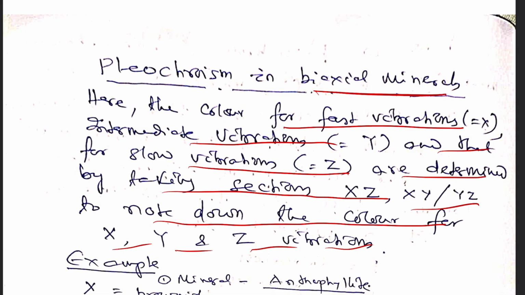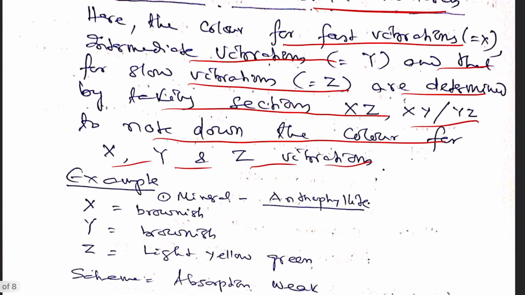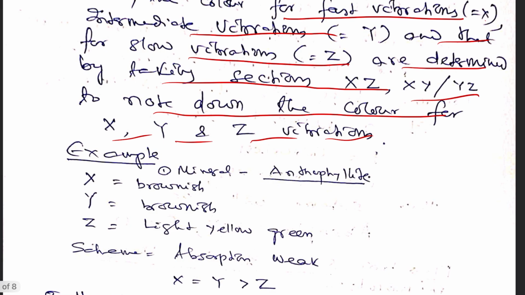Then we can describe the formula scheme: which vibration is more absorbed, which vibration is less absorbed. So color variation will be between X and Z. X is the fastest vibration, Z is the slowest vibration, whereas Y is the intermediate vibration direction. Let us take some examples.